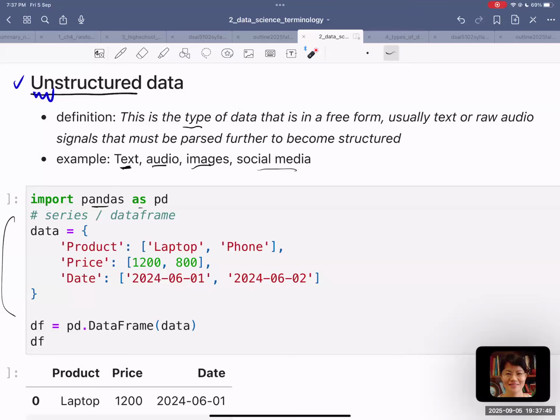In such text mining studies, they scan text and then find out the insights and patterns. Usually text or raw audio signals must be parsed further to become structured. Here parse just means 结构, just like structured.